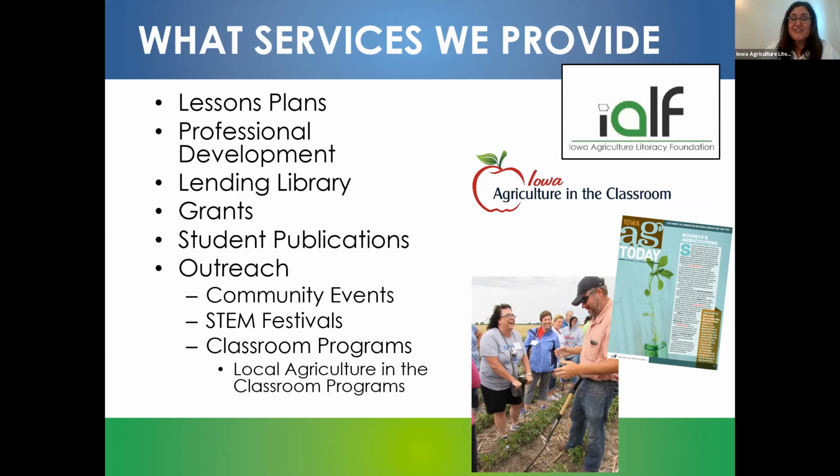But Agriculture in the Classroom has been around much longer than that, and there's local contacts spread across the state that are the people who primarily go into classrooms and do Agriculture in the Classroom programs. If there's not a local coordinator, we go into classrooms as well. And then we also go into classrooms doing this Journey 2050 program that not all of our coordinators have been trained on. If you do not know who your local Agriculture in the Classroom program is, I encourage you to check out our website, and you can find your local coordinator there.